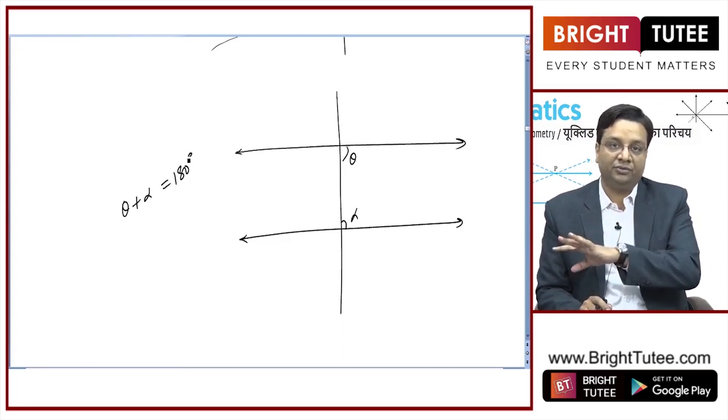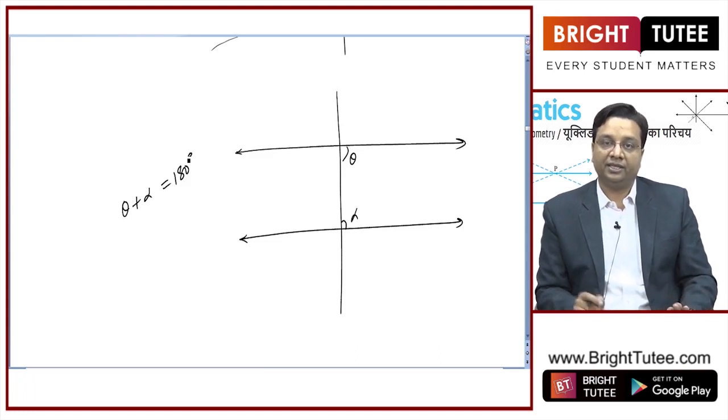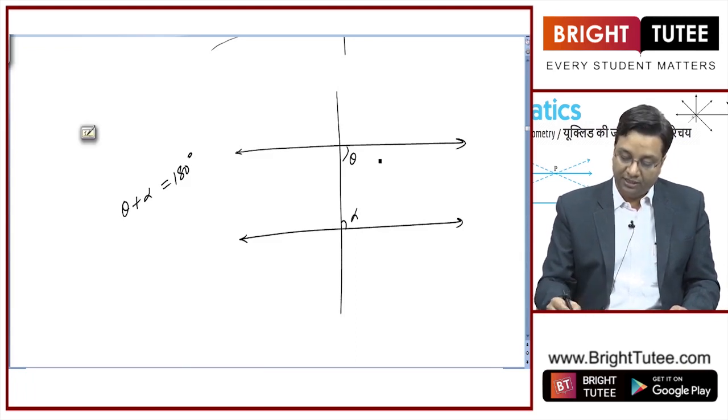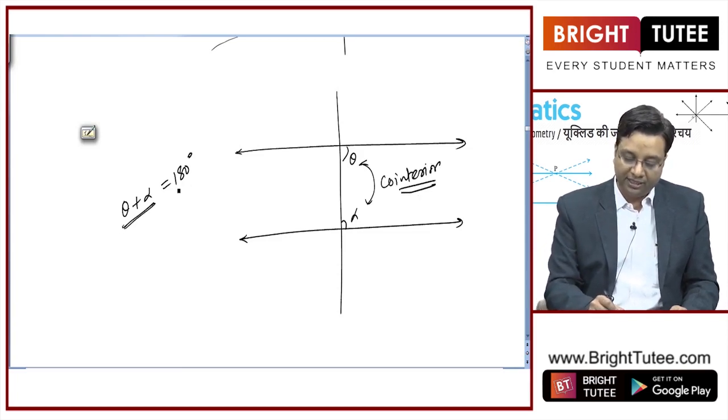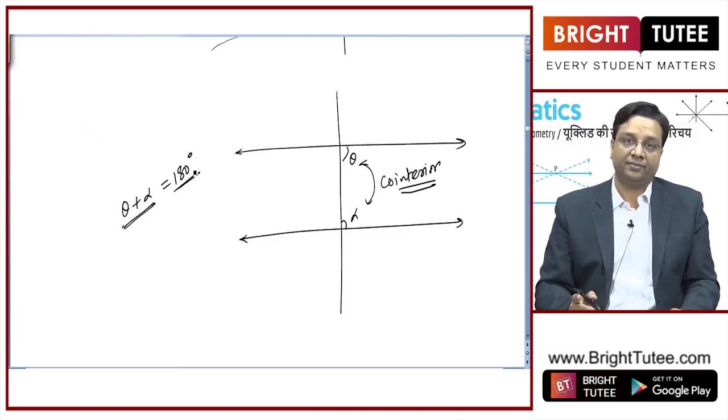Now if their sum is 180, then they will never meet each other. This gives us the definition of parallel lines. So these lines are parallel and these two angles are co-interior angles. So if the sum of co-interior angles is 180 degrees, the lines will be parallel. Okay.